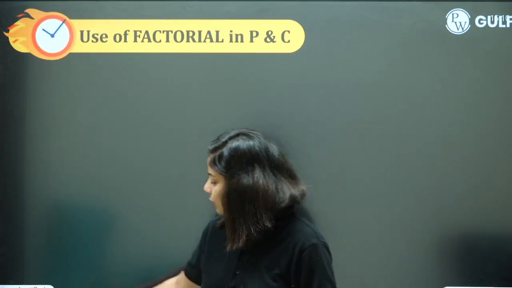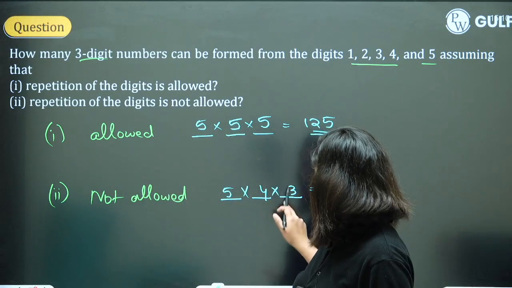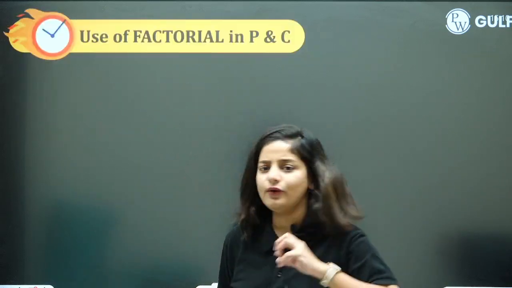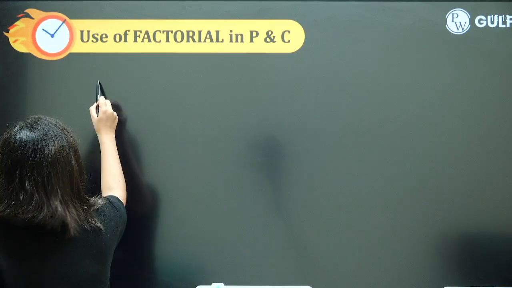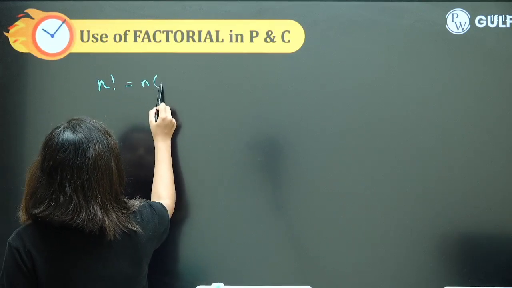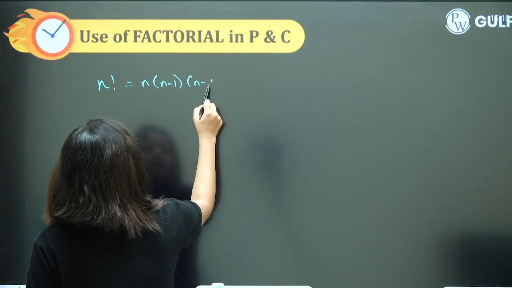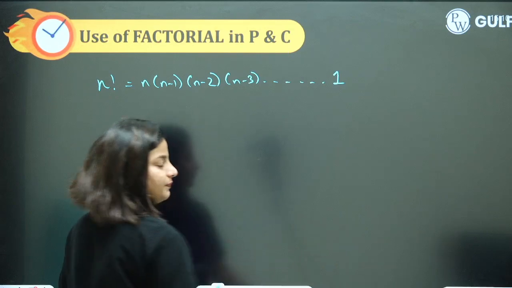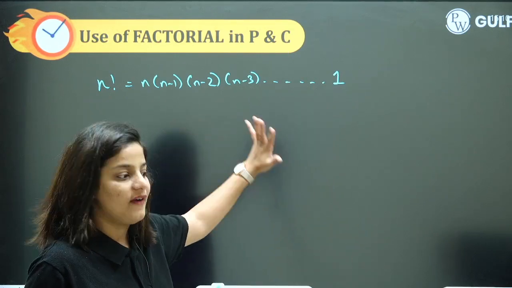Right. So what we did just now, 5 into 4 into 3 into 2 into 1, this is nothing but your factorial. In general, n factorial is n into n minus 1 into n minus 2 into n minus 3 up till 1. The last term should be 1. That's your factorial.